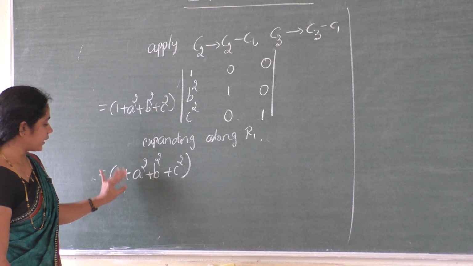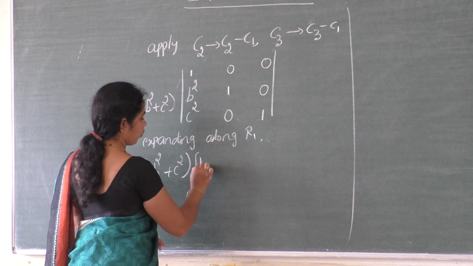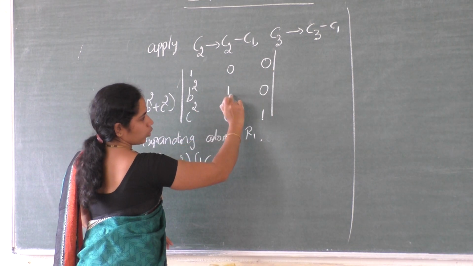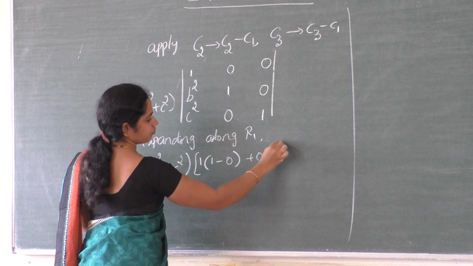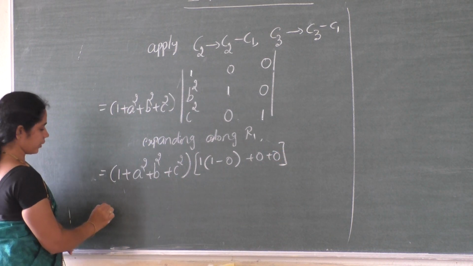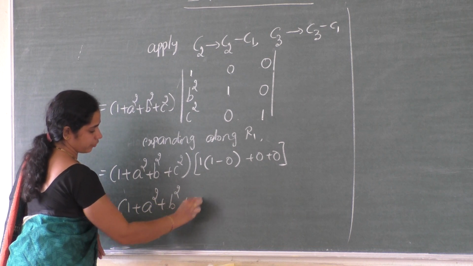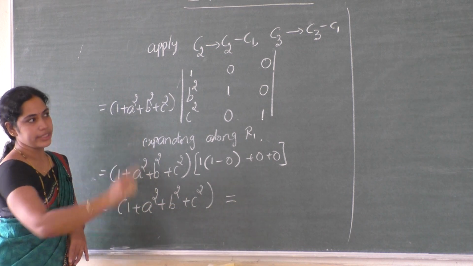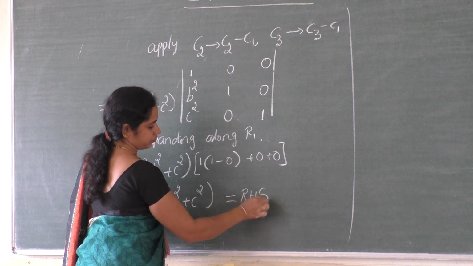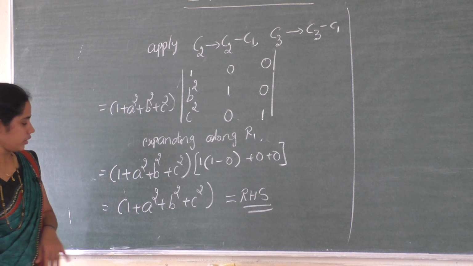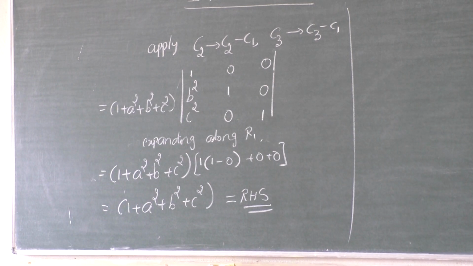This is the term outside, 1 plus A square plus B square plus C square, into 1 into 1 minus 0; the other two values are 0. So this is equal to 1 plus A square plus B square plus C square. This is what we needed to prove, the same as the RHS. Now, next problem.